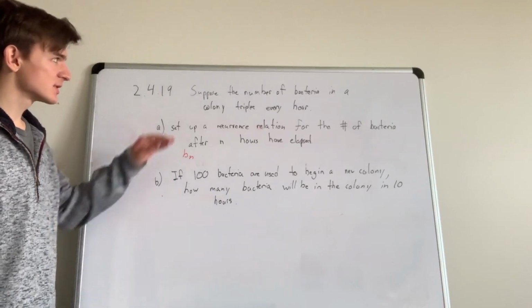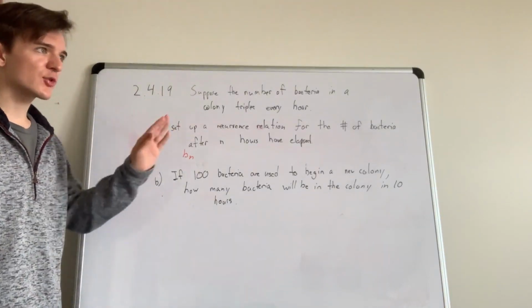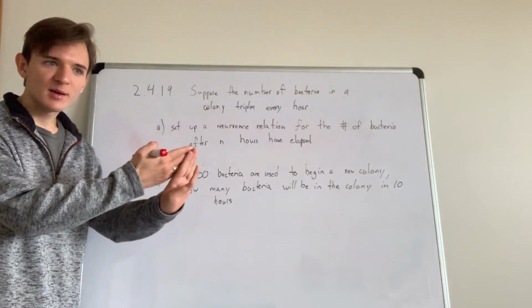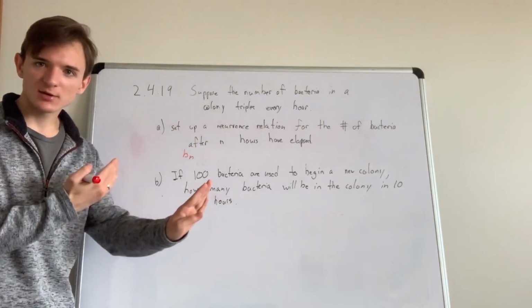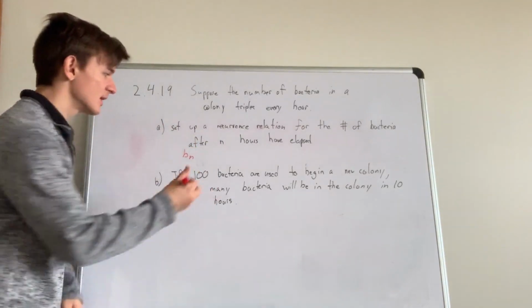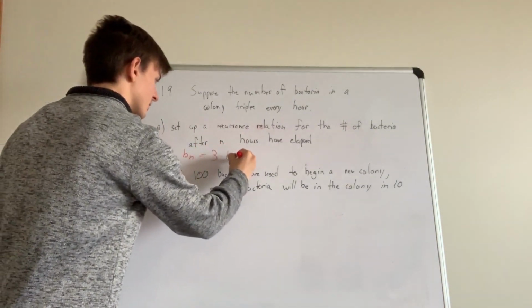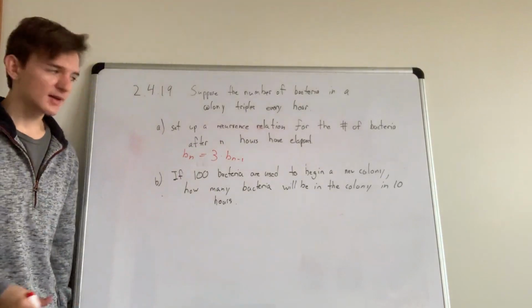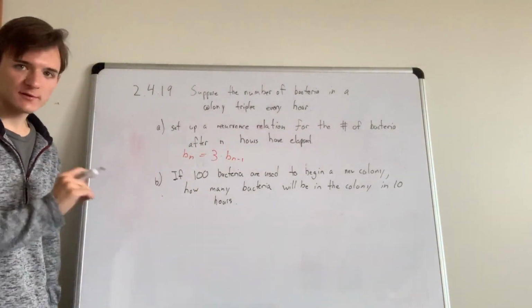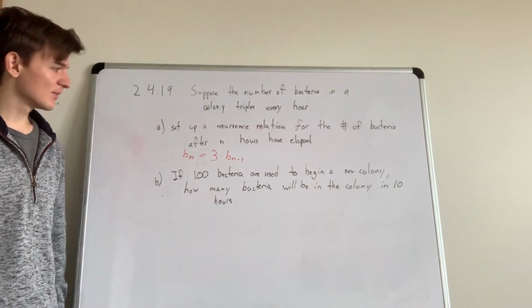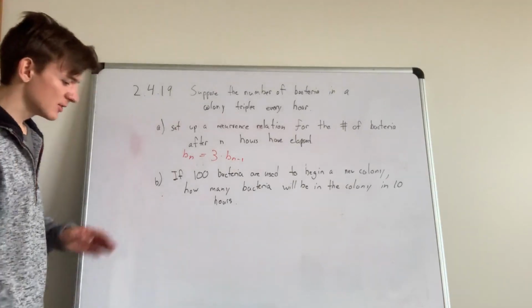We see that it triples every hour, so it's 3 times the number of bacteria from the previous hour. So this is the same as saying 3 times B of n minus 1. And we're done. This equation defines our recurrence relation.